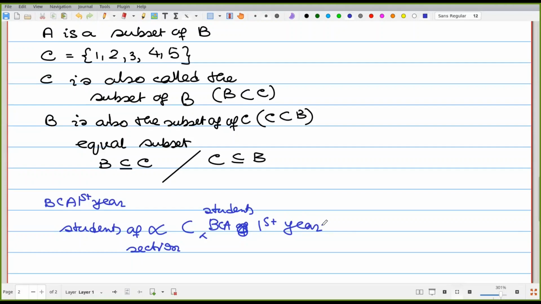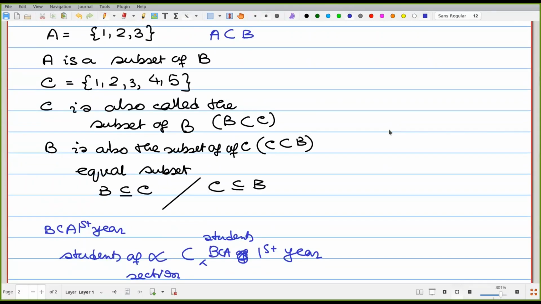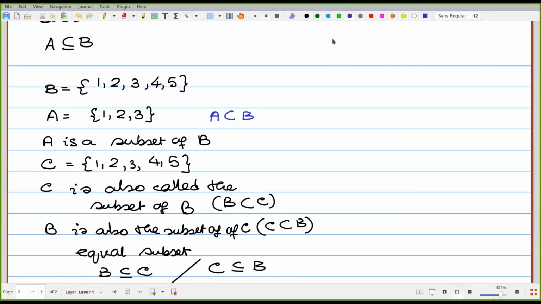Now, what is a superset? As usual, when we are saying A is a subset of B, then we are saying practically B is a superset of A. So the opposite one, the one from where the set has been derived, is called the superset.